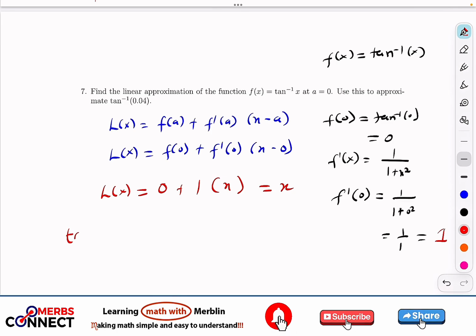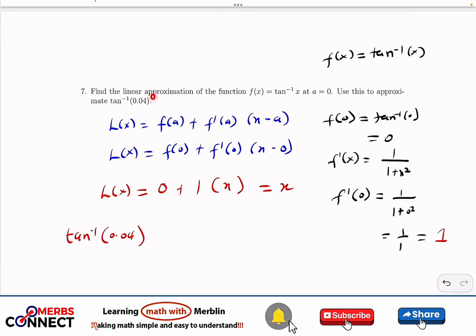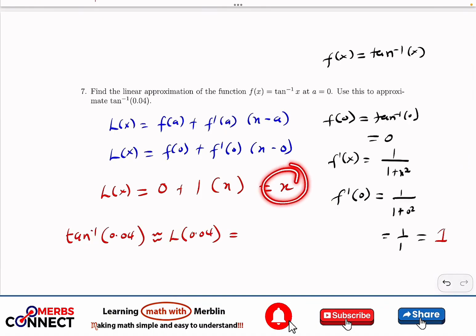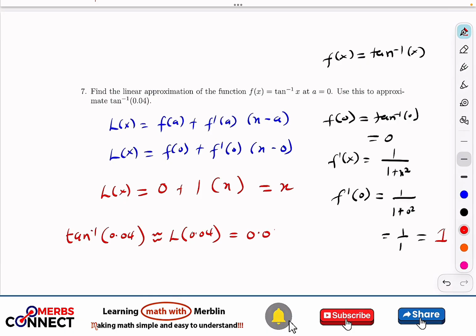Now compare this to this, and you will see that we have tan inverse, tan inverse. So x is what is inside the parenthesis here. So this one is approximately L of 0.04, which is equal to x. So we still get 0.04. So this is what we are going to get for the approximation here.